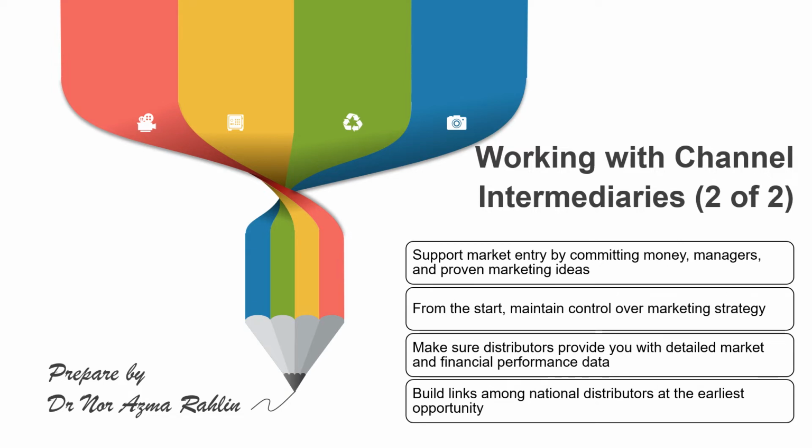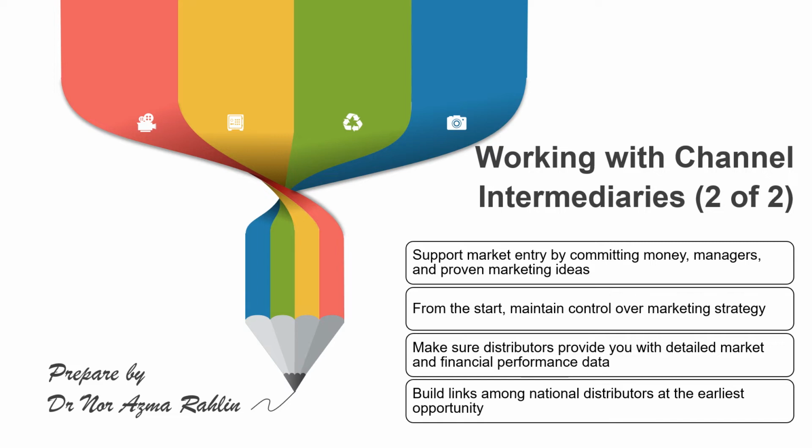Working with channel intermediaries continues with step number 4. Step number 4 is to support market entry by committing money, managers, and proven marketing ideas. In addition to providing sales personnel and technical support, management should consider demonstrating its commitment early on by investing in a minority equity stake in the independent distributor.